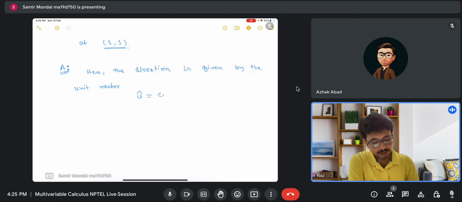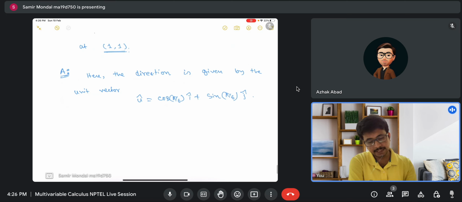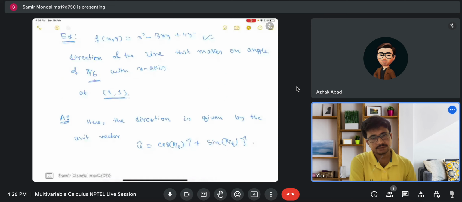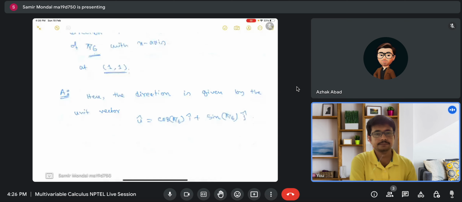It is cos pi by 6 i plus sin pi by 6 j. Is it or not? Please tell me. Yes, because the line makes an angle pi by 6 with your x-axis, so this is the obvious choice of unit vector.